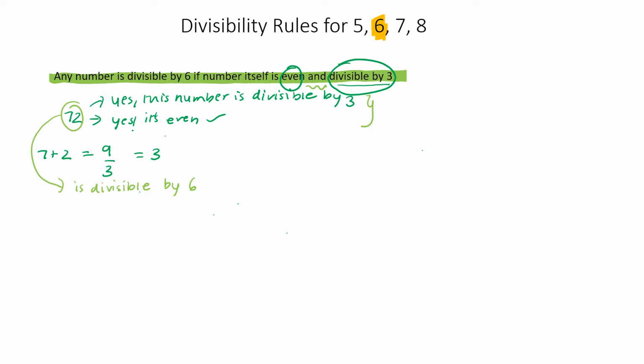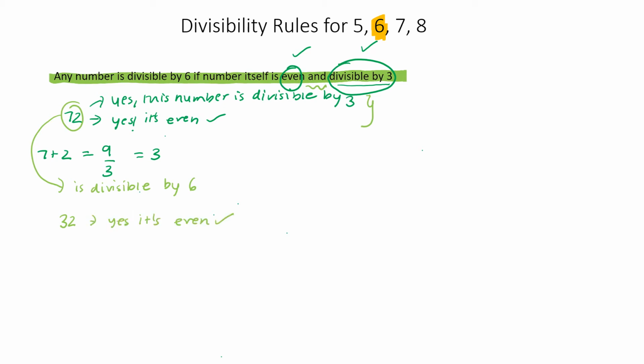Let's take another example. Let's say 32. Once again, we have to check whether this satisfies both statements right here. And 32 is even. Once again, you can see that by whether the last digit is even or not. So yes, it's even.